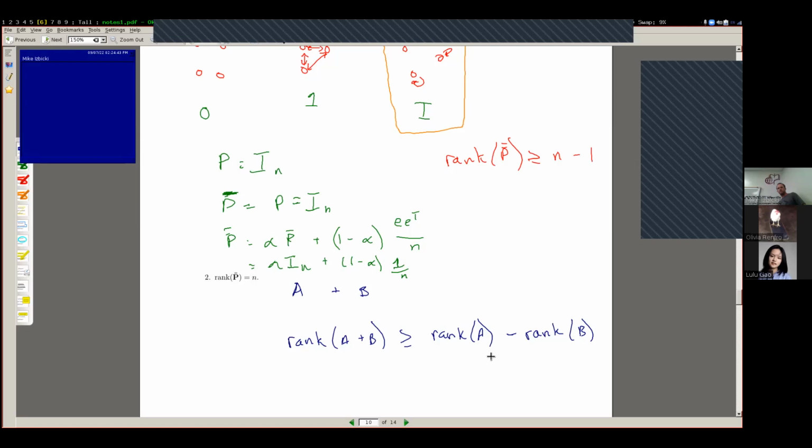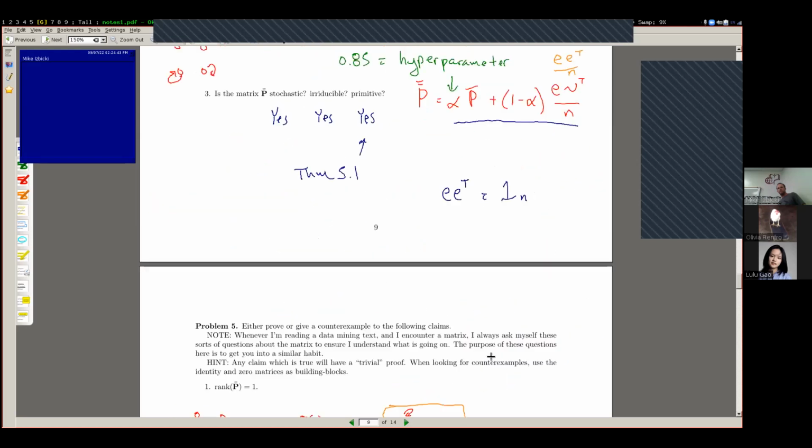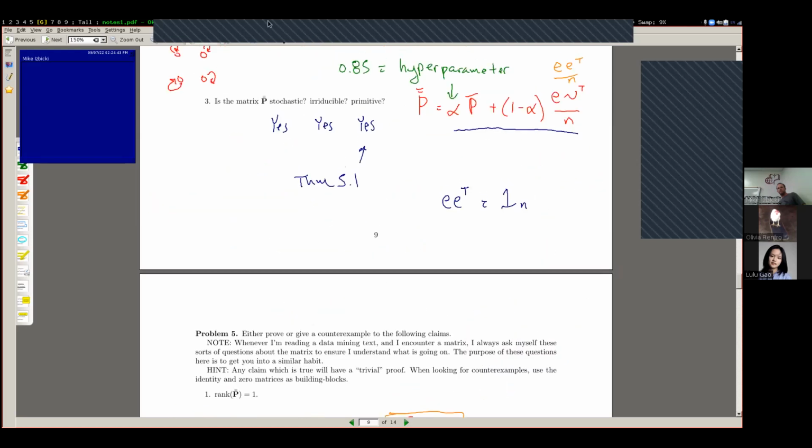In some contexts a large alpha gives you better results, but in other contexts a lower alpha actually gives you better results. In terms of the counterexamples here, I can't think of any situation where a particular alpha is going to be helpful or meaningful. Because Google uses 0.85 as an alpha, if you just have to think of something concrete, that's what you should be thinking of in your head. It's something that's kind of close to 1, but not yet at 1.